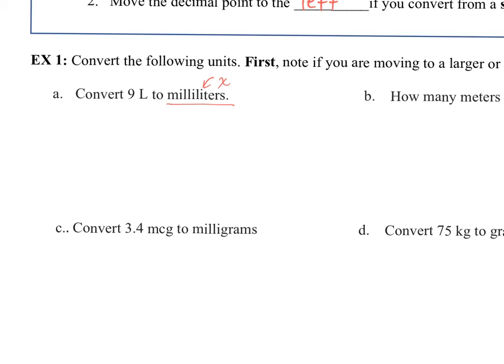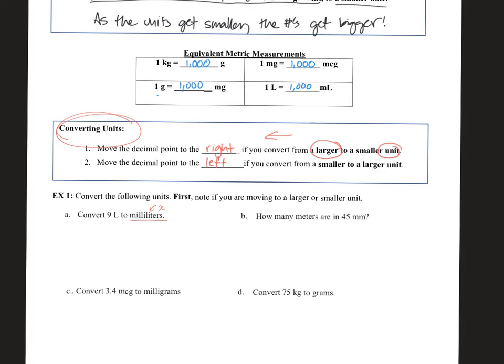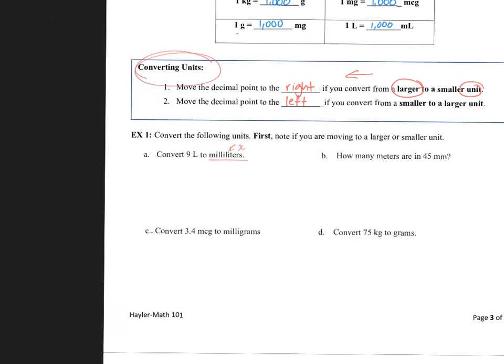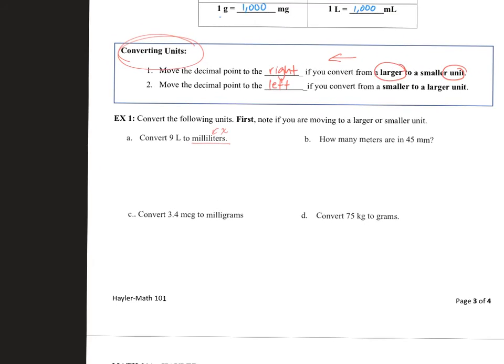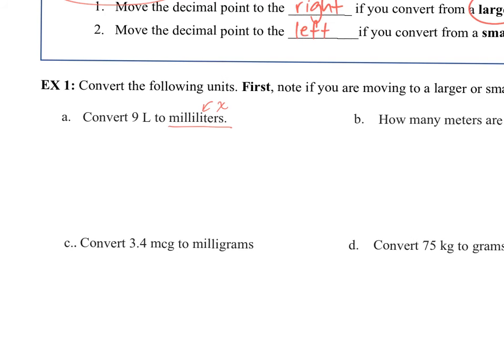So my proportion is going to be, I want to figure out how I can relate liters to milliliters. Well, I know I have this relation right here, that 1 liter is equal to 1,000 milliliters. So I'm going to go ahead and use that for my proportion. And remember, a proportion is a fraction equal to a fraction.